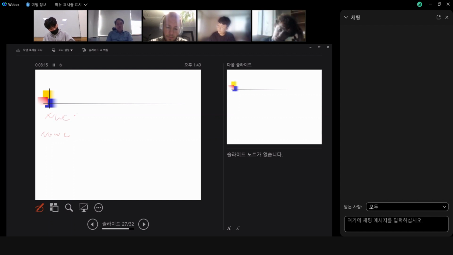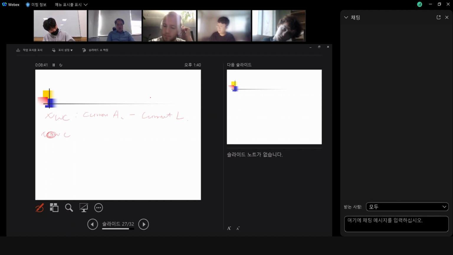Net working capital can be calculated by current assets minus current liabilities, 유동자산 minus 유동부채. That's it. That's the net working capital. But if we move to net operating working capital, then we need to calculate more precisely.